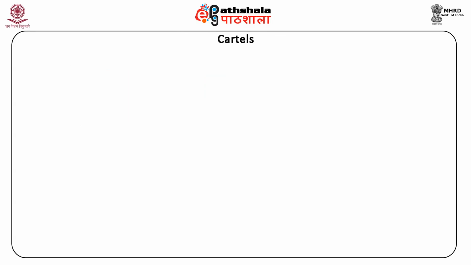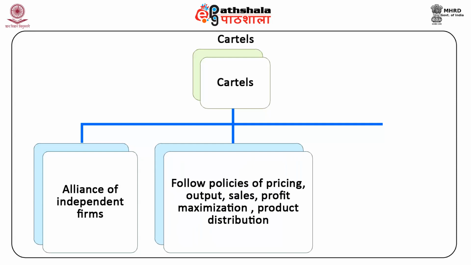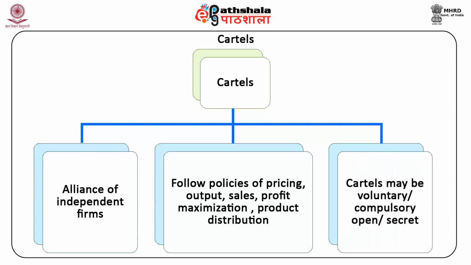Now moving on to the discussion of cartels. A cartel is an alliance of independent firms of the same industry which follows common policies related to pricing, outputs, sales, profit maximization, and distribution of products. Cartels may be voluntary or compulsory and open or secret depending upon the policy of the government with regard to their formation.